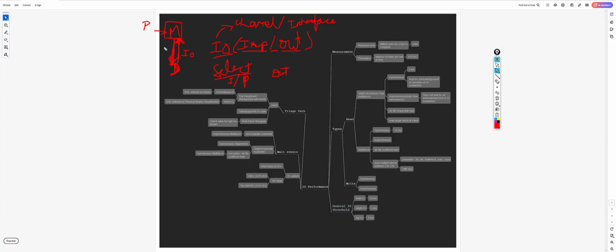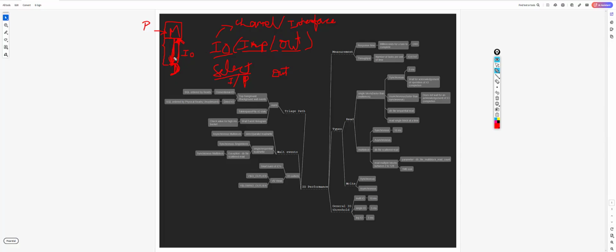So what happens when this I/O itself is slow, and how to measure if I/O is slow or not, in terms of the Oracle database perspective? There will be a lot of reads and writes, correct?